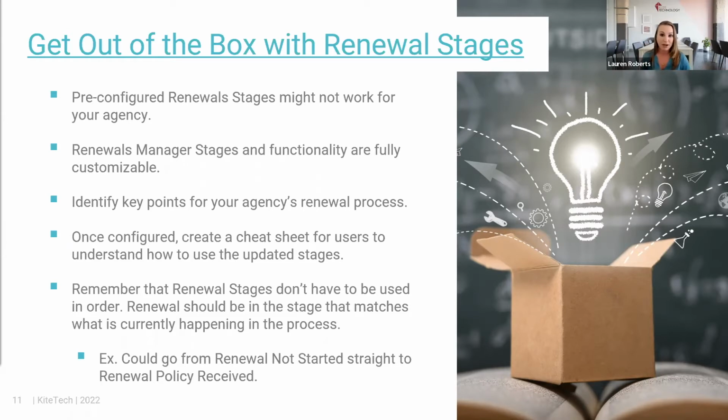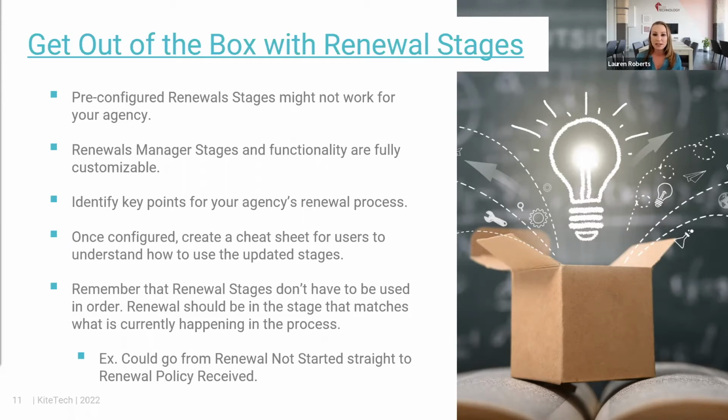Another thing to keep in mind is Renewals Manager stages are not necessarily in order in every situation. Your renewals are going to be different from one department to another, and from one department within a department to another. You could have downloaded policies versus non-downloaded, automatic renewals versus this is going to take me the full 90 days to get it done.